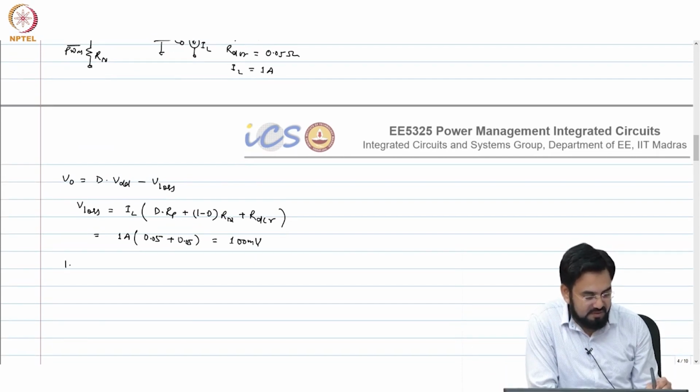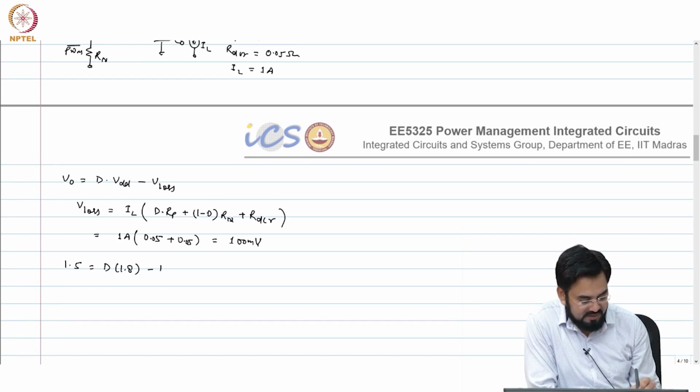V out is already known, 1.5 volt, so 1.5 equals D times 1.8 minus 100 millivolt. This implies D equal to 1.6 over 1.8.